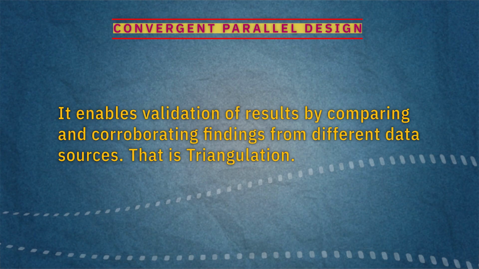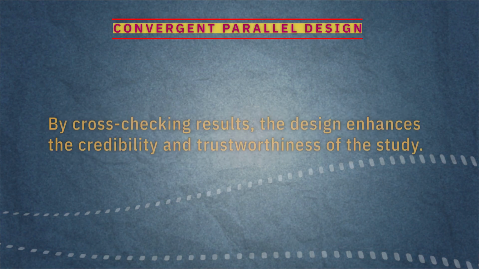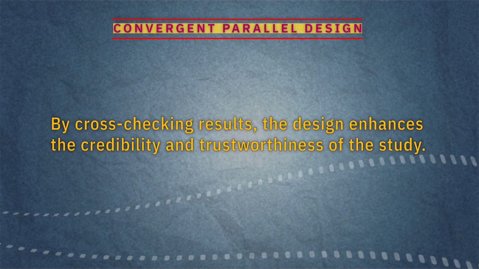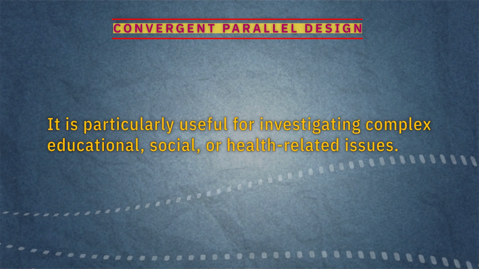It enables validation of the results by comparing and corroborating the findings from different sources of data, that is, triangulation. By cross-checking the results, this design enhances the validity and credibility of the study. And it is particularly useful for investigating complex educational, social, or health-related issues.